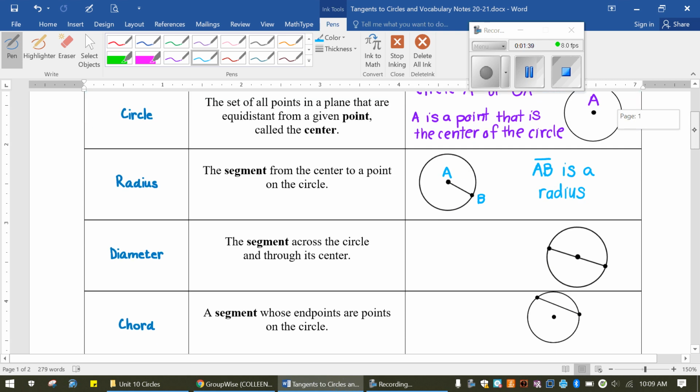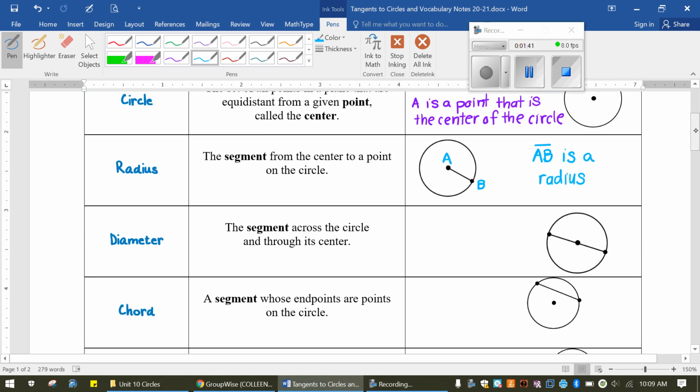Okay, next vocabulary word is a diameter. A diameter is a segment across the circle through its center. So this one goes all the way from one side of the circle to the other, but it has to go through the center. Again, there's no arrows. These are endpoints on the circle.